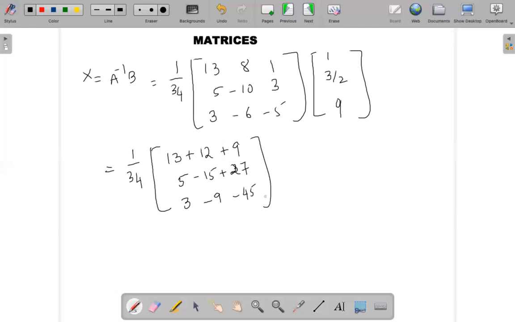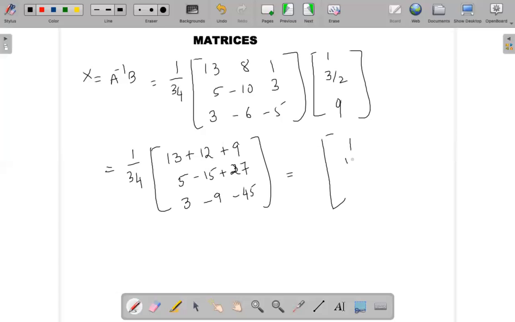After simplifying everything, this will be 34 divided by 34, which is 1.